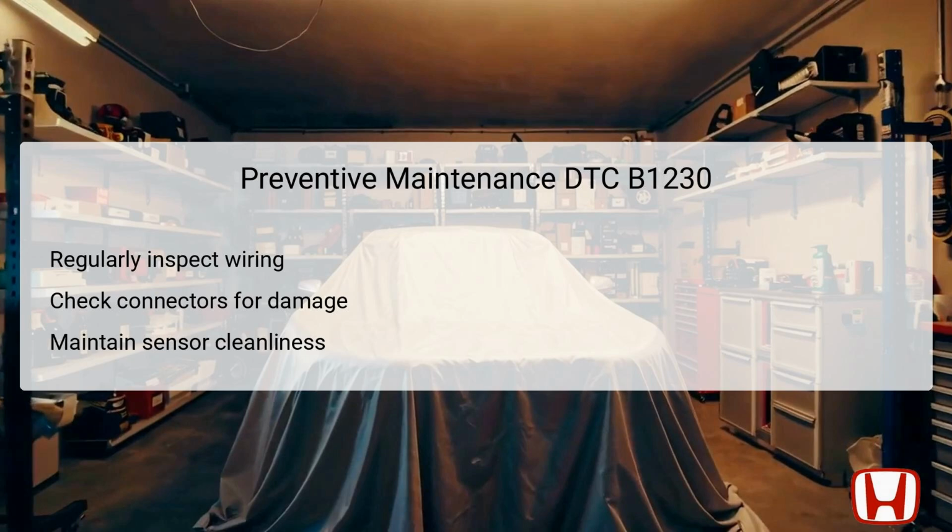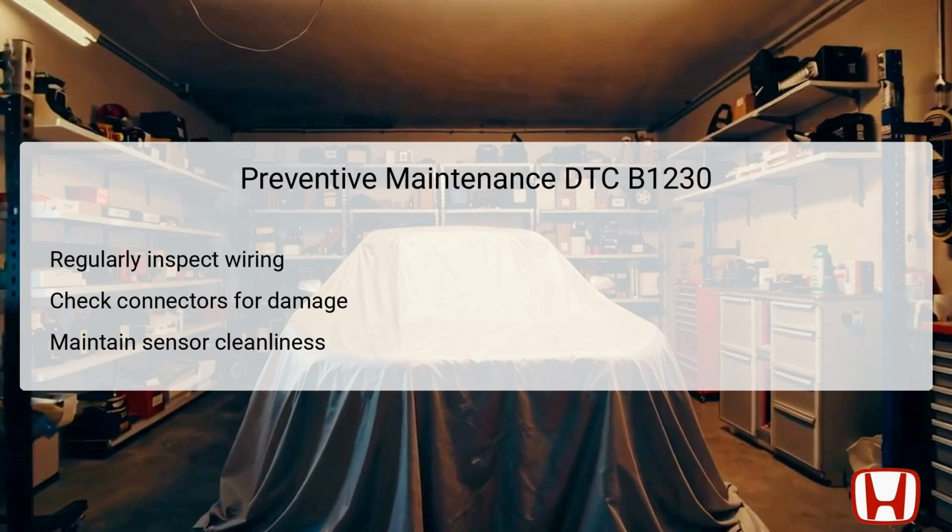To avoid encountering DTC B1230 in the future, implementing a preventive maintenance plan is essential. This plan should include regular inspections of the wiring associated with the sunlight sensor to check for frays, cuts, or any signs of deterioration. Additionally, connectors should be examined for damage, as loose or corroded connections can also cause issues within the circuit.